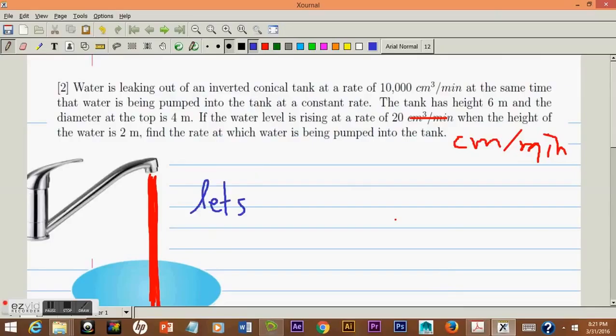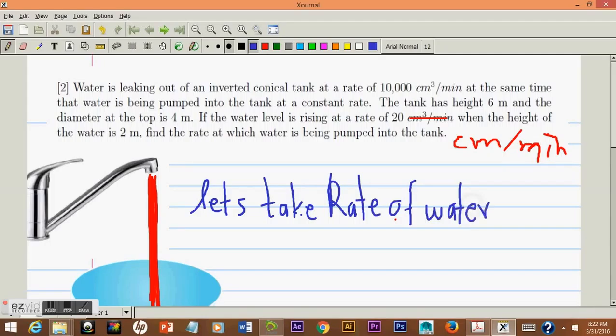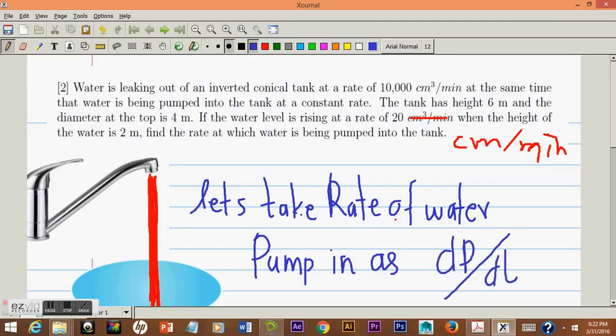Let's take the rate of water pumped in as dP by dt. So we are defining like this. Let's take the rate of water pumped in as dP by dt.